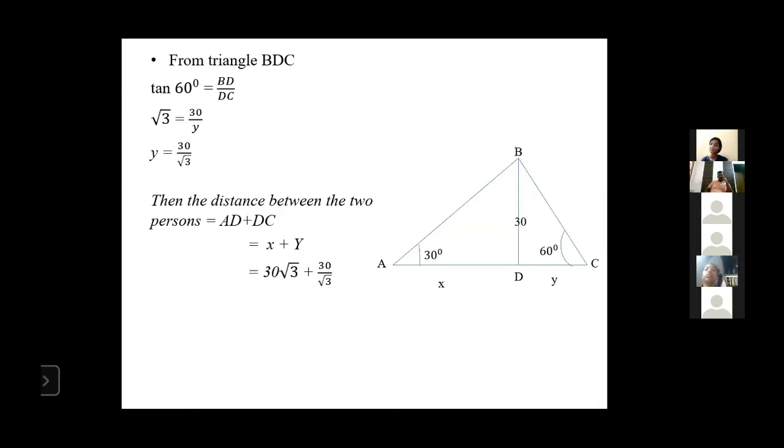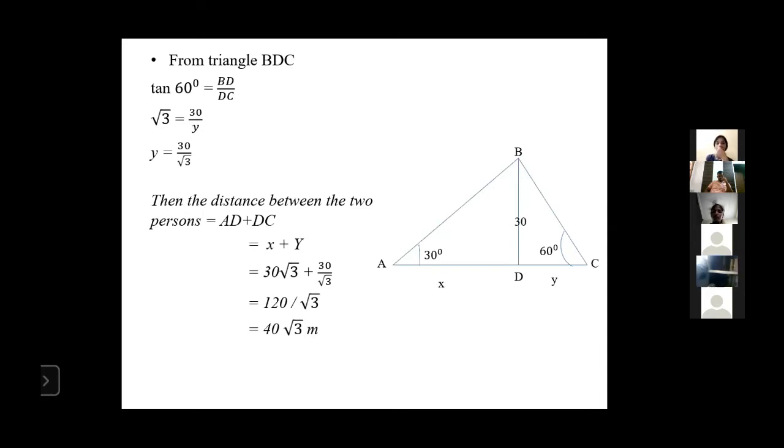Now next we do LCM. We get 30 root 3 into root 3 is 30 into 3, 90. 90 plus 30 is 120. Now 120 by root 3.